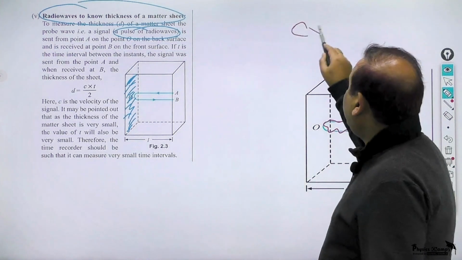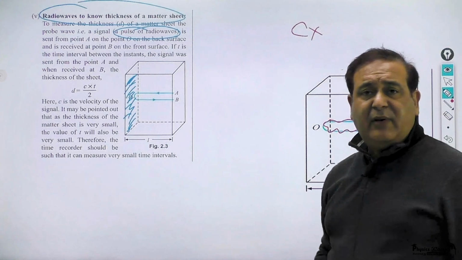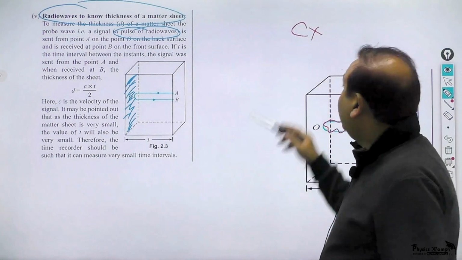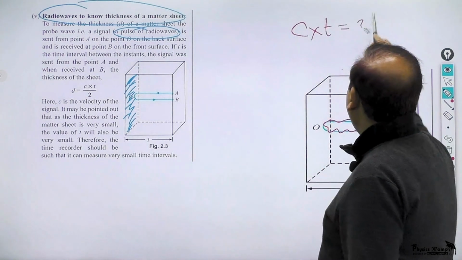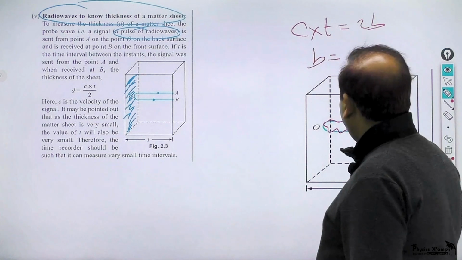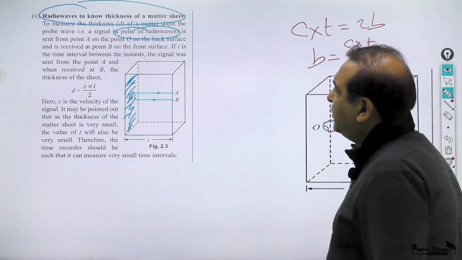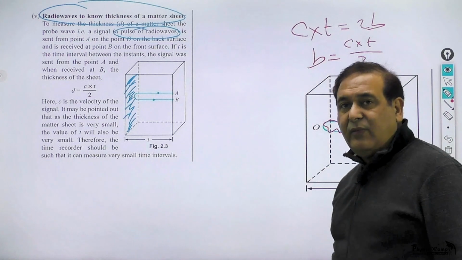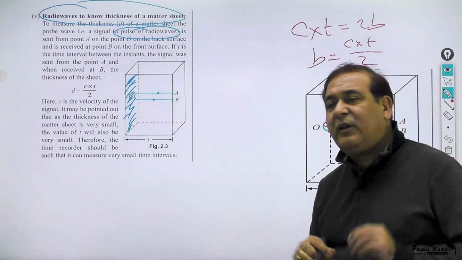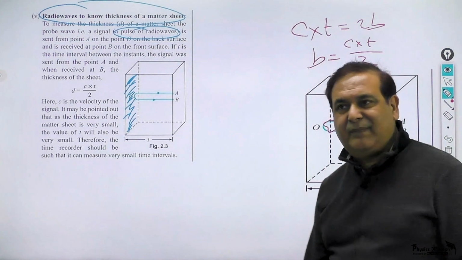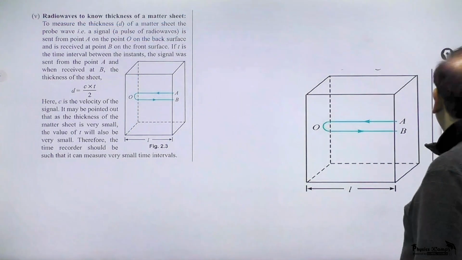So you know that the radio wave speed is c, the speed of light, into the time interval, it will give you 2b, and the thickness of it can be c into t by 2. So radio waves are also used to know the thickness of a metal sheet. Now coming next.